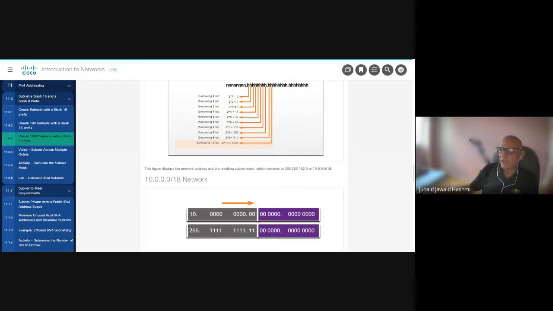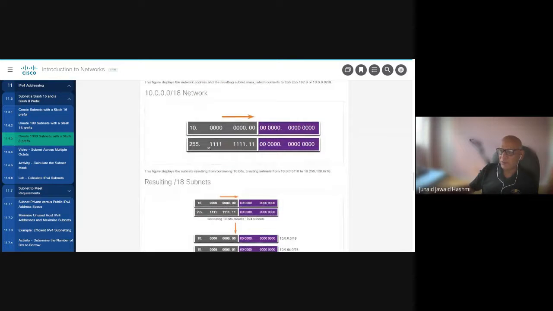So with a Class A address, what you do is you just take the whole 16 bits and turn it into the network ID. Okay, so probably you will encounter many networks that start from 10, but the subnet mask you will see is 24. Okay, I often use it in the private network.